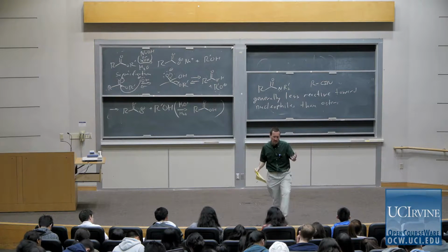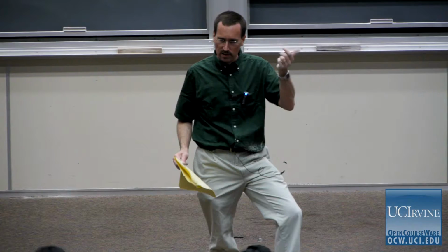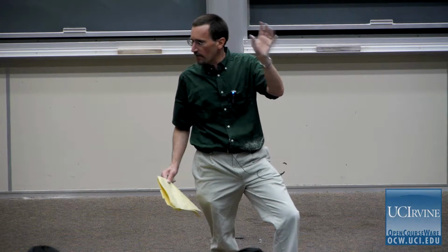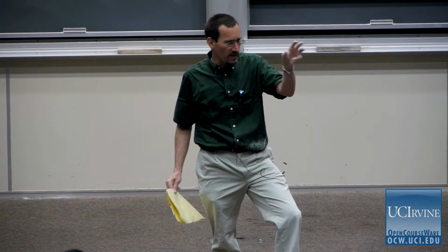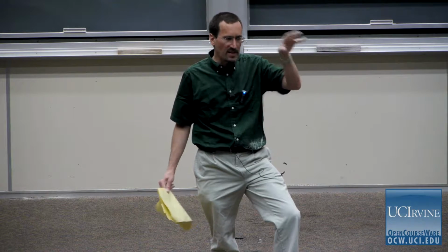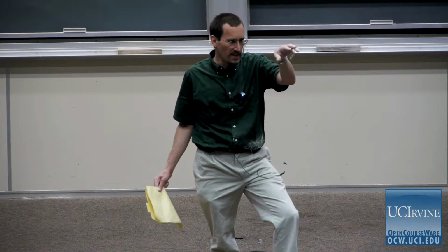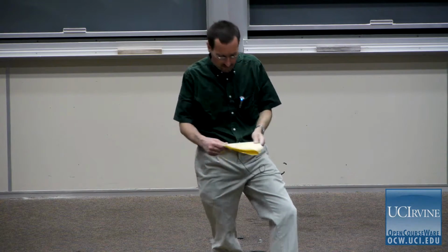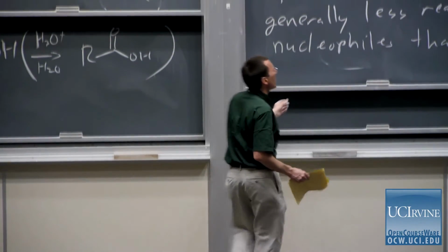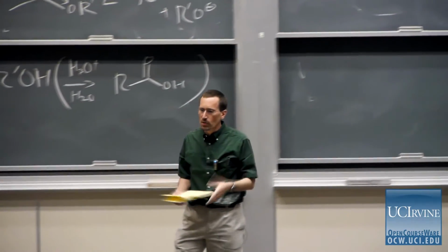We already saw this in the IR. The stretching frequency for the amide carbonyl is lower. There's less double bond character. The nitrogen of the amide is less electronegative than the oxygen of the ester. The nitrogen of the amide is better able to donate electrons by resonance to the carbonyl, making it less electrophilic. And so a general principle is that amides and nitriles generally react less quickly.